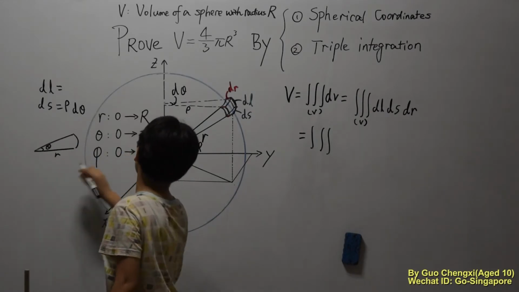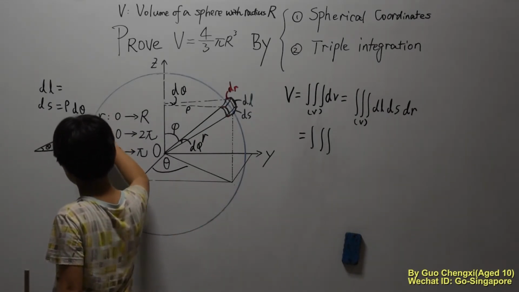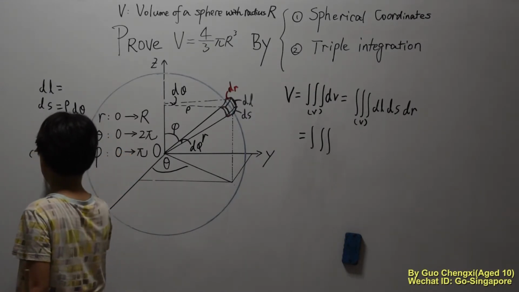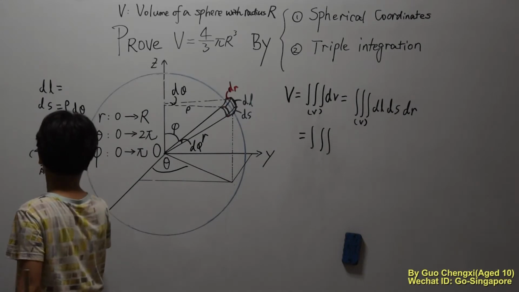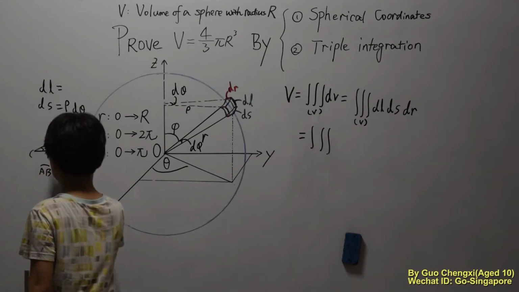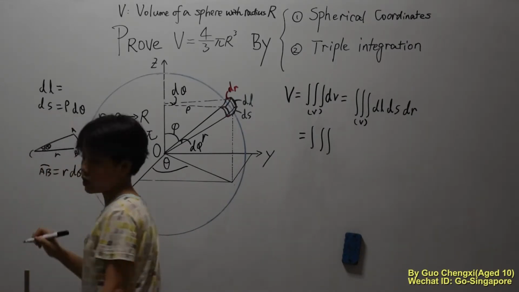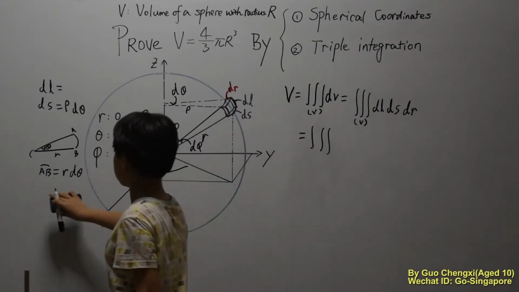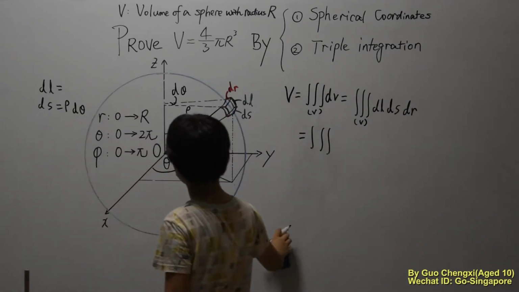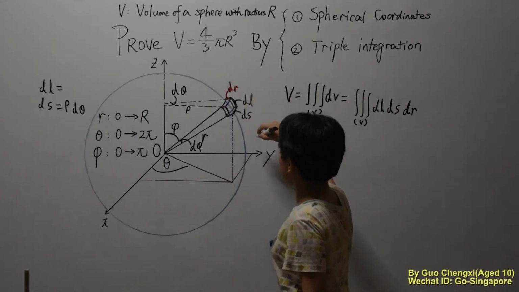So this is just generally, not this, okay? To find this arc, just call this AB. So arc AB will be equal to R d theta, okay? So this part will become like this. Then what about dl? dl over here is another arc.